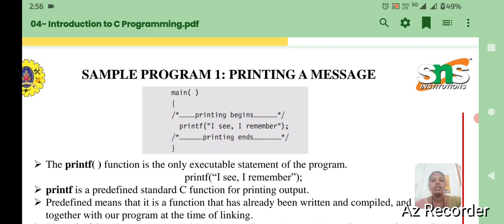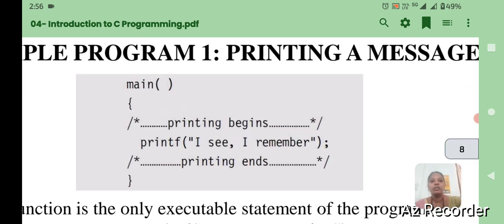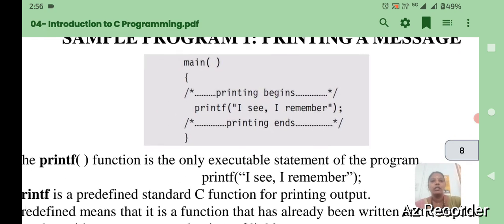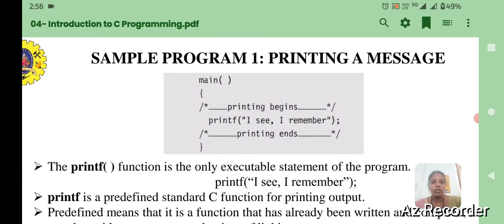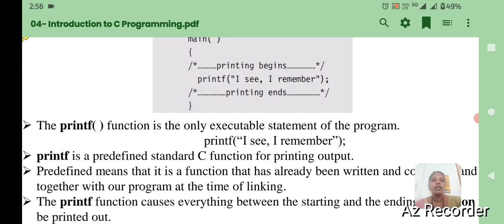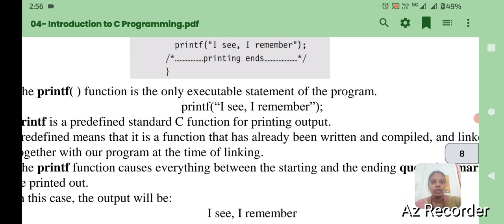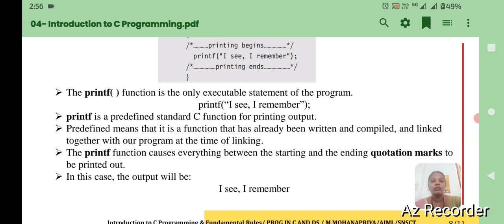printf is a function, and it is the only executable statement of the program. Here we have one function and one statement, printf, with I see I remember. What is the function of printf? It is predefined in C to print output. Predefined means the function has already been written, compiled and linked together with our program at the time of linking.